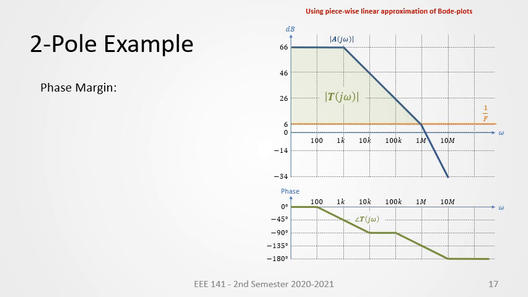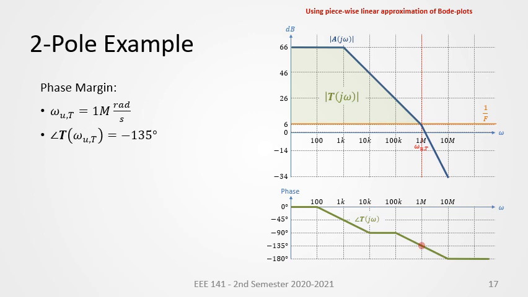For the phase margin, we note the frequency at which the loop gain is unity. Since we are taking the 1 over F line as 0 dB for T, then we just have to note where the loop gain intersects 1 over F. From the plot, we can point this intersection to happen at 1 megaradians per second.